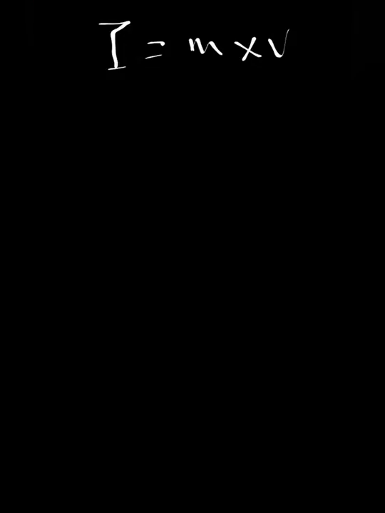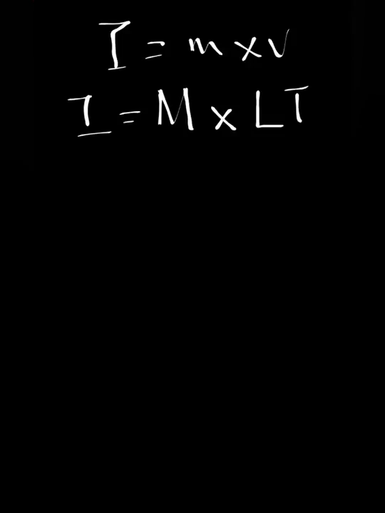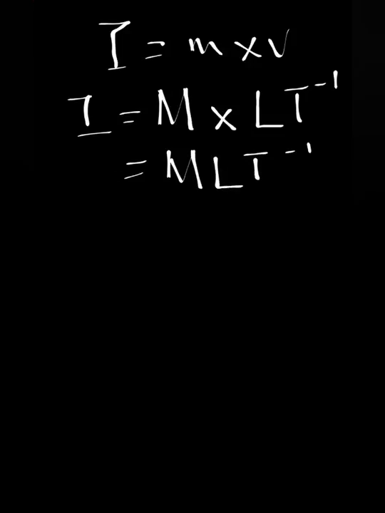And of course, since mass is a basic quantity, it has a dimension of capital letter M, and velocity has a dimension of LT raised to power minus 1. Therefore, impulse equals MLT raised to power minus 1.